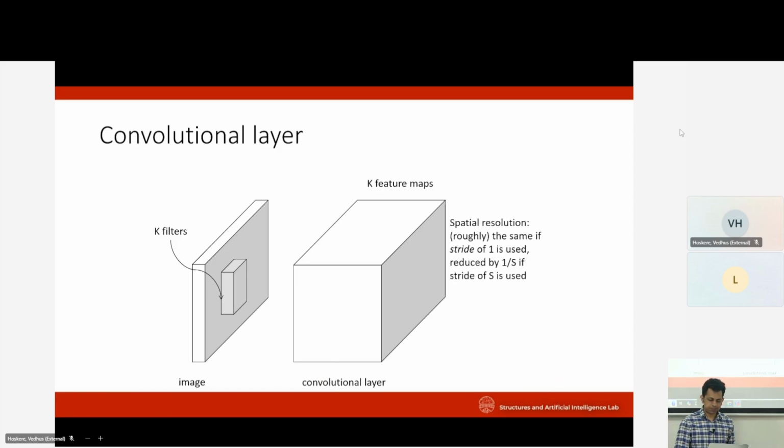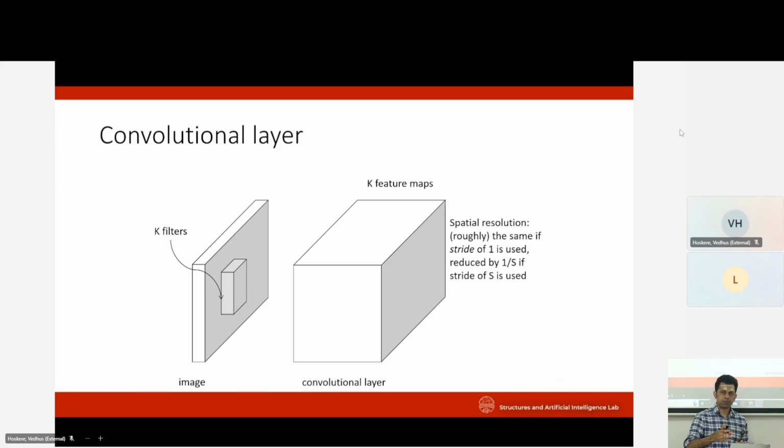Now, like I said, the spatial resolution of these feature maps is roughly the same as that of the input, depending on how you set the padding. But you can also alter that by changing the stride. So the stride is how many steps the filter slides before doing the next dot product.